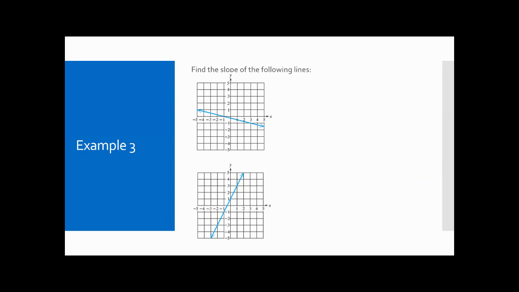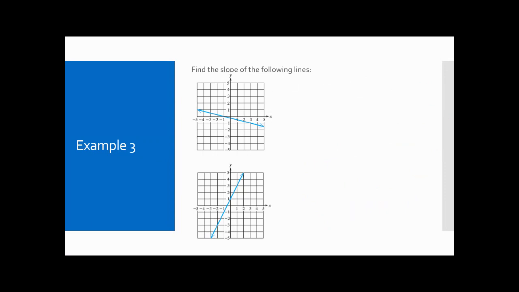So I've got 2 lines here, and we're going to find the slope of both of these. So the top one is a negative slope, and the bottom one is a positive slope. In order to find the slope when you're given the graph, you have to pick 2 points on the line. It doesn't matter which ones you pick, as long as you pick 2 of them.